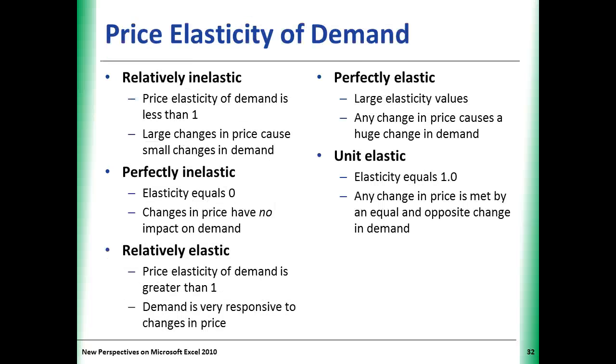Now, this isn't an econ class, but these are the terms that are used. If the price elasticity of demand is less than 1, we say it's relatively inelastic. Large changes in price cause only small changes in demand. If it's perfectly inelastic, elasticity equals 0. Changes in price have no impact on demand.